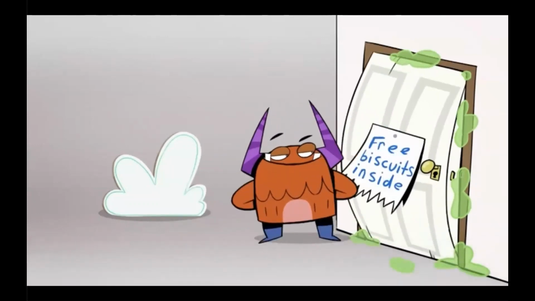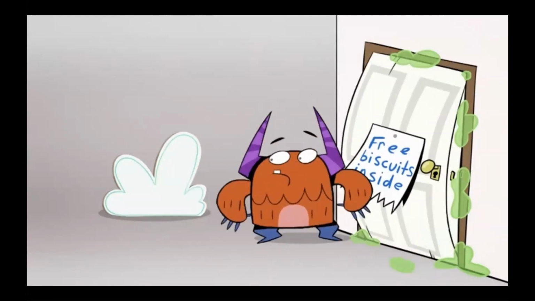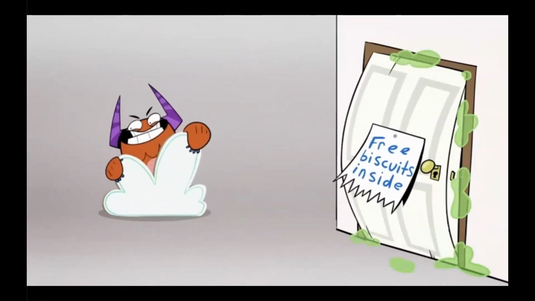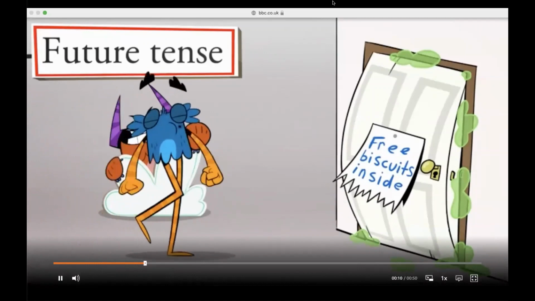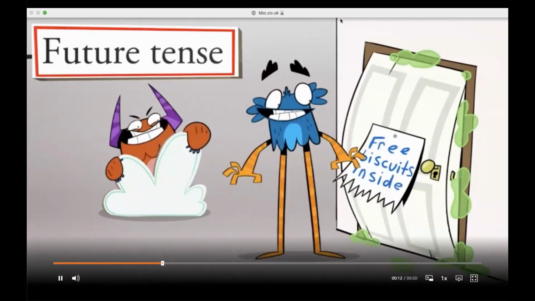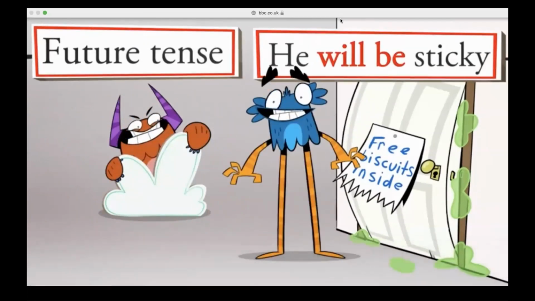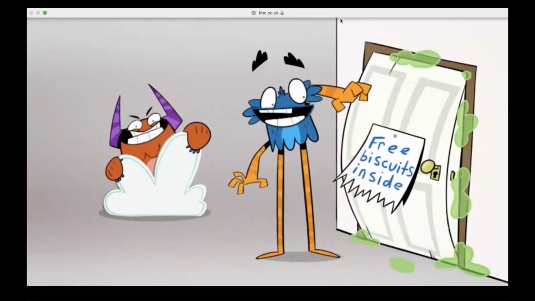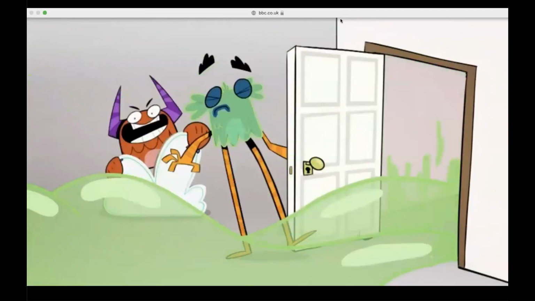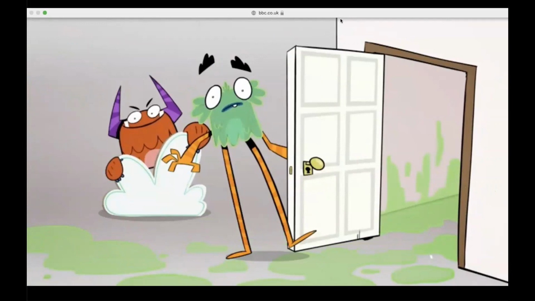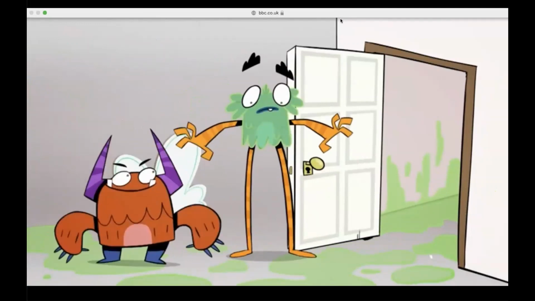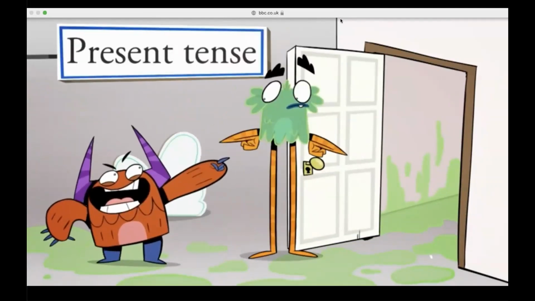Biscuits. Oh, who will fall for that? When we talk about things that haven't happened yet, we call it the future tense. We often use the word will in front of a verb. Looks like he will be sticky. You really do fall for everything. When something is happening now, we use the present tense.